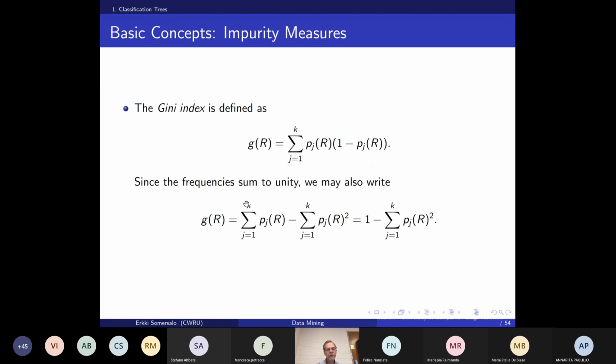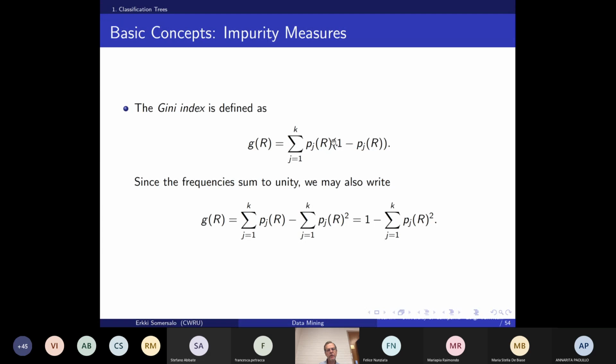There are other measures of impurity, and here is the one that we are going to use, which is called the Gini index. The Gini index is the sum of the products of Pj times 1 minus Pj. It's not immediately obvious why this G is representing the impurity, so let me try to explain. First of all, this Gini index can be written in different ways.